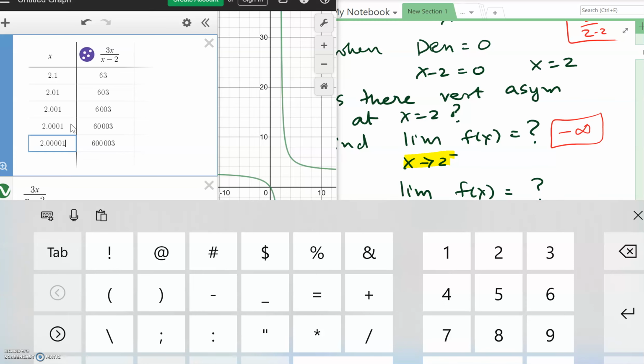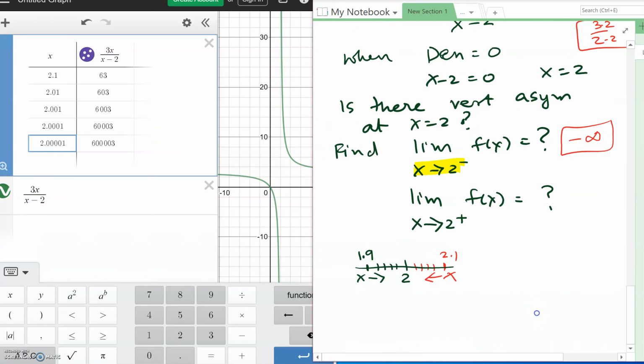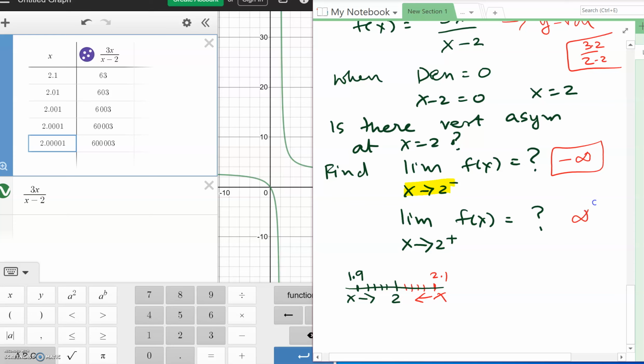It's becoming a very large number; the y value is growing as x approaches 2. So this whole thing will become positive infinity. The graph itself will look like this: if you have 2 here, on the left side of 2 the graph shoots down to negative infinity, and on the right side it goes to positive infinity. So this is the vertical asymptote situation. There is a vertical asymptote at x equal to 2.